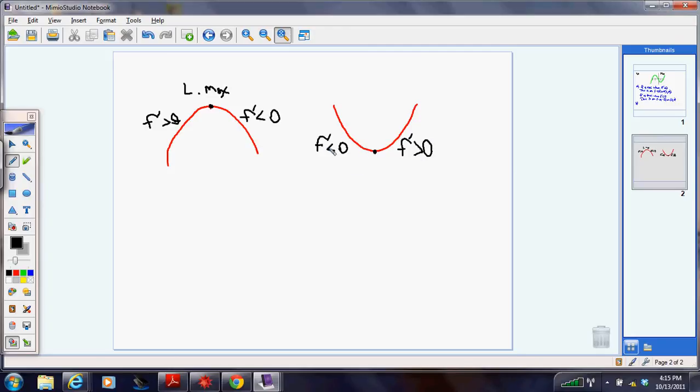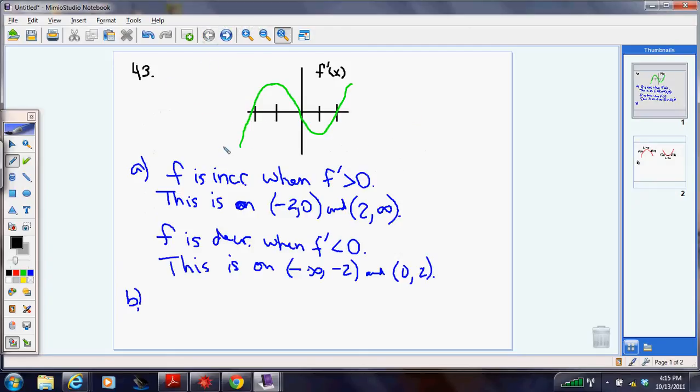So when f prime transitions from negative to positive, we'll have a local minimum. I won't normally do this in class with the abbreviation L for local, but it saves me some writing time here.